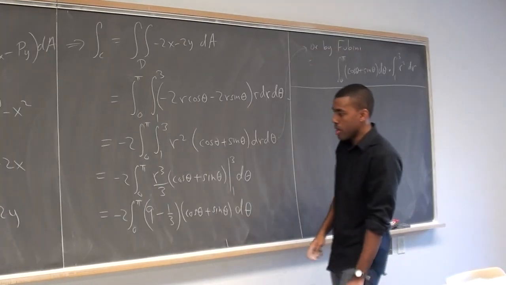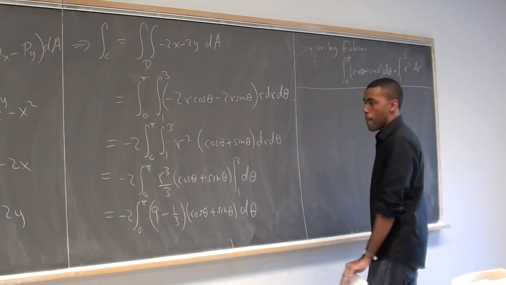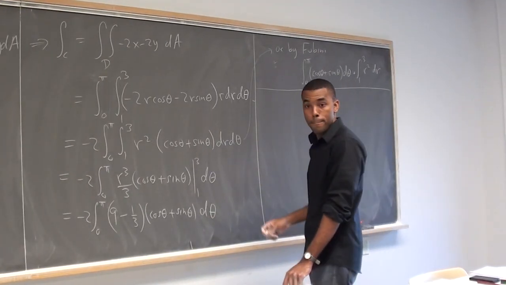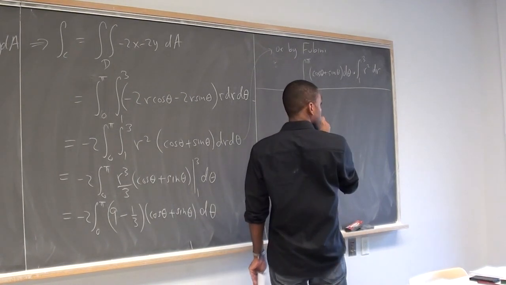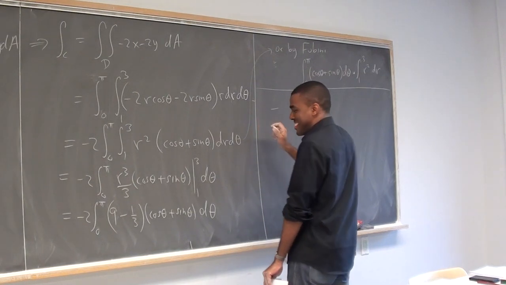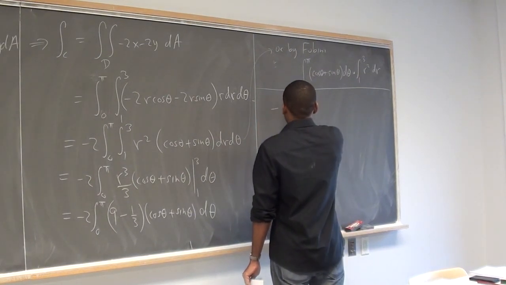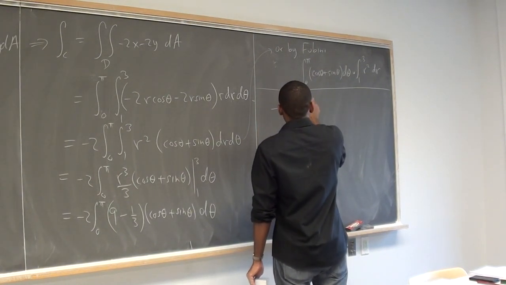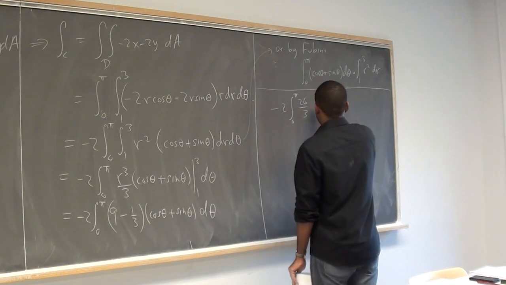So anyway, we have 9 minus a third, which is what? 8 2/3. 26 over 3. Yes.